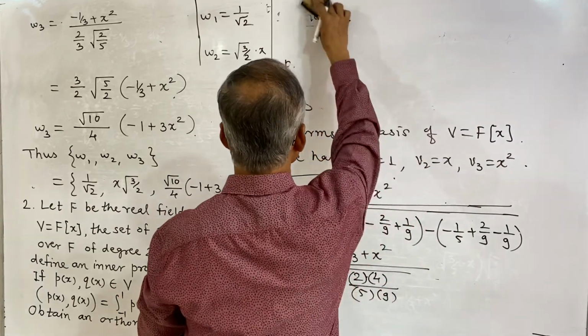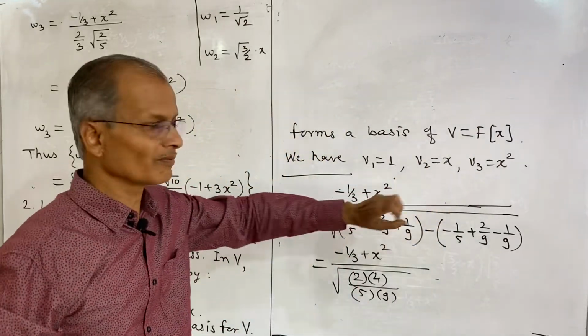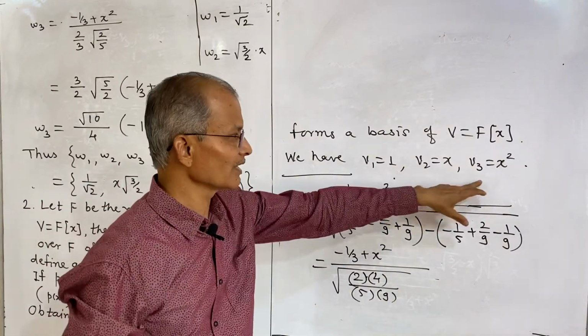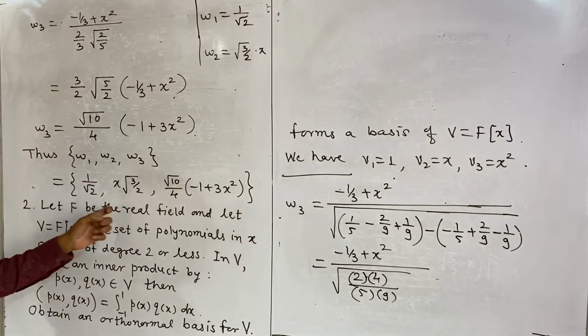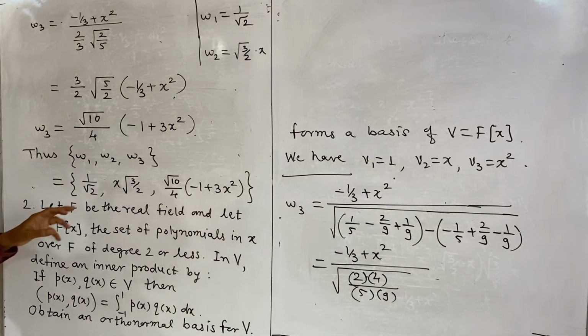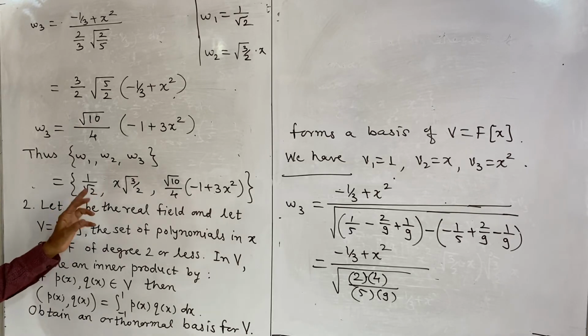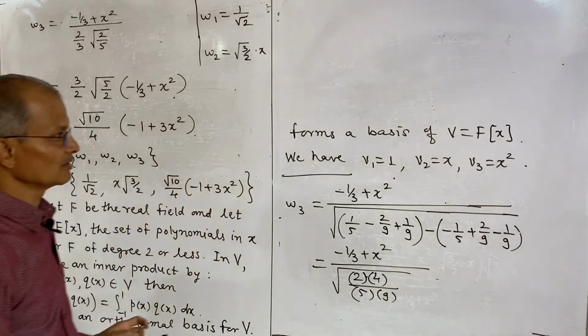So we have converted the basis, which is a standard basis for the vector space of polynomials of degree less than or equal to 2, 1, x, x², into this form. So now you can check, these are the vectors which are orthonormal. Each vector will have the length 1, you can check by using this definition, and these are orthonormal to each other. That means the inner product of these two vectors is 0, pairwise is 0.